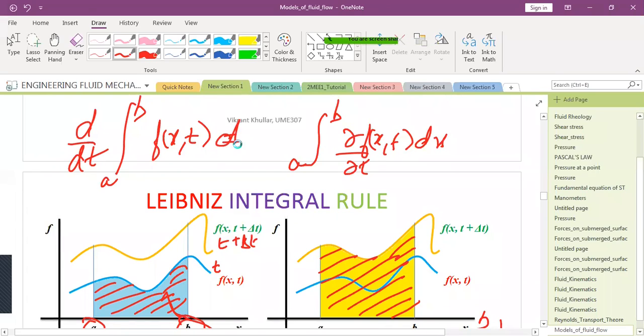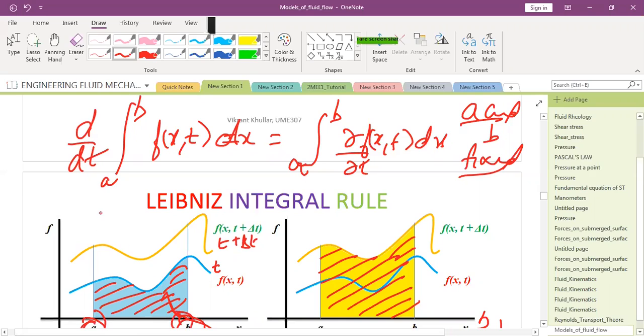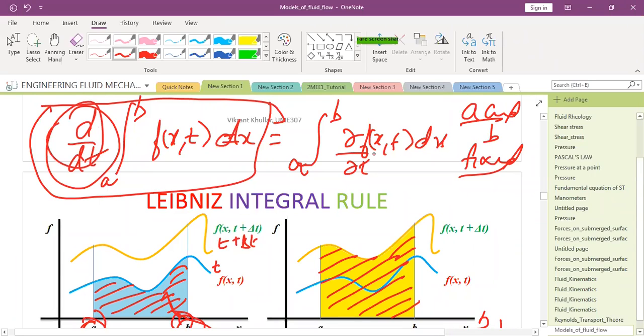Here also dx should have come. This is only possible when a and b are fixed. They are not a function of time, as was the case here. So this is called the Leibniz integral rule, that is, you can take the derivative sign inside if the limits are not changing with respect to time.